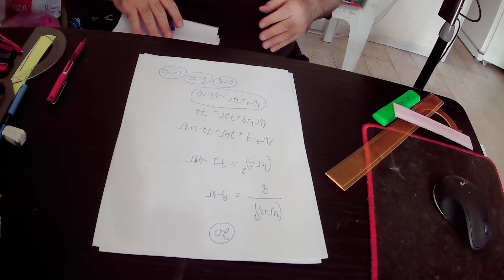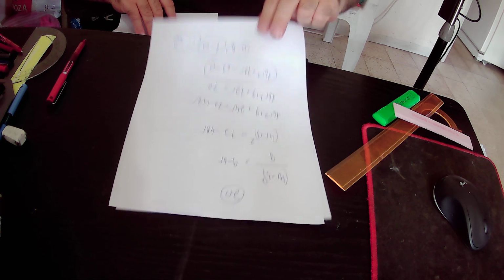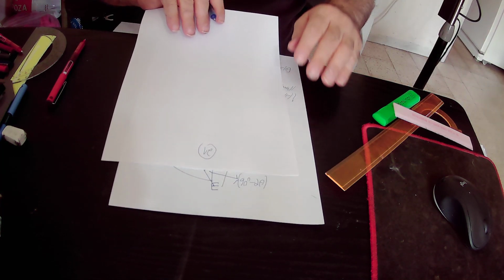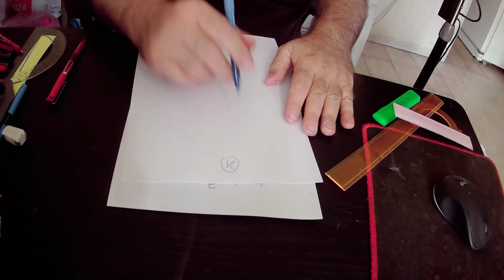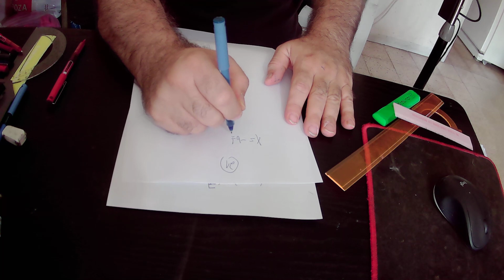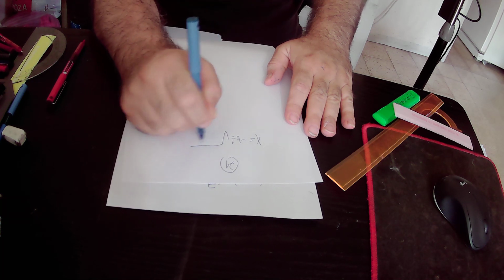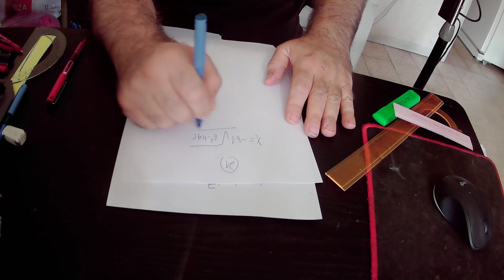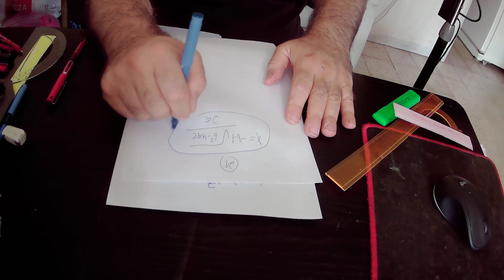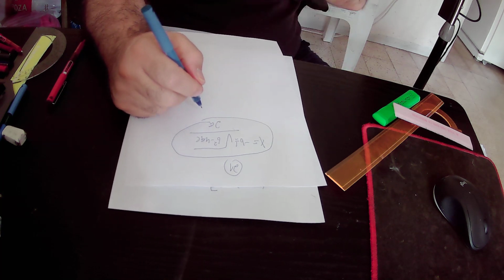and we have the solution for a quadratic equation: x equals minus b plus minus root of b squared minus 4 times a times c, over 2a. That is the solution for the quadratic equation.